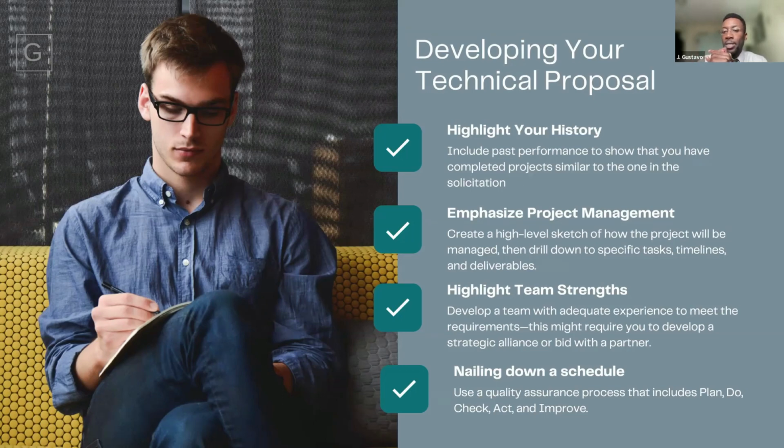And to dive into that just a little bit more, a lot of times you may not be ready to take on an opportunity, but there are opportunities for you to go in with a partner or as a subcontractor, especially with some of these larger bids.